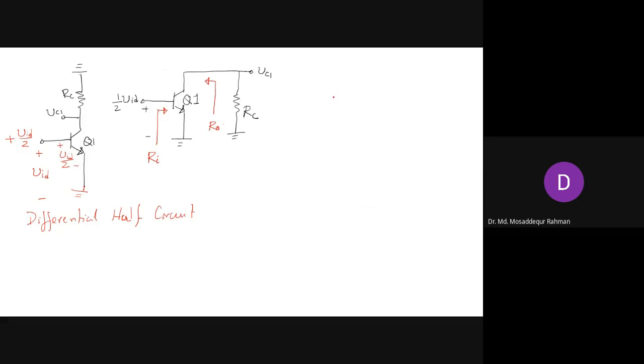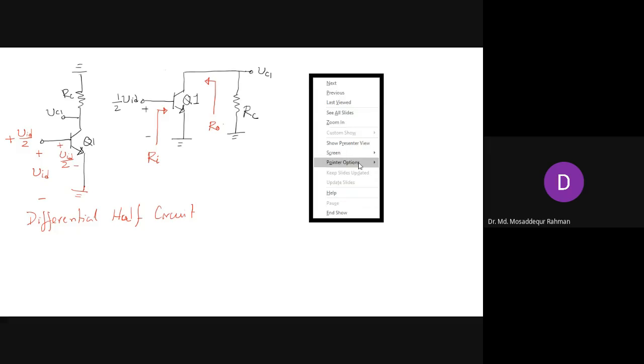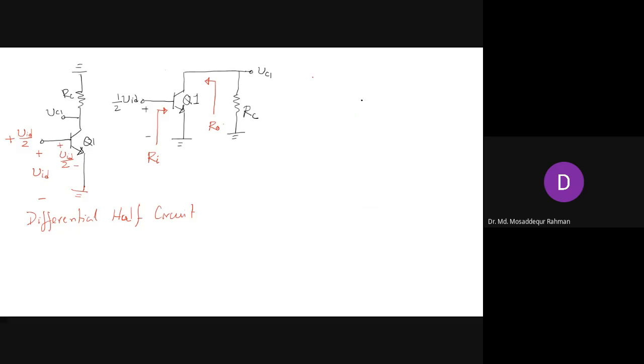Now here we can draw the small signal equivalent circuit for this differential half circuit, and then it will look like this. Okay, we have R pi. Okay, so actually it goes here, and then we have this.